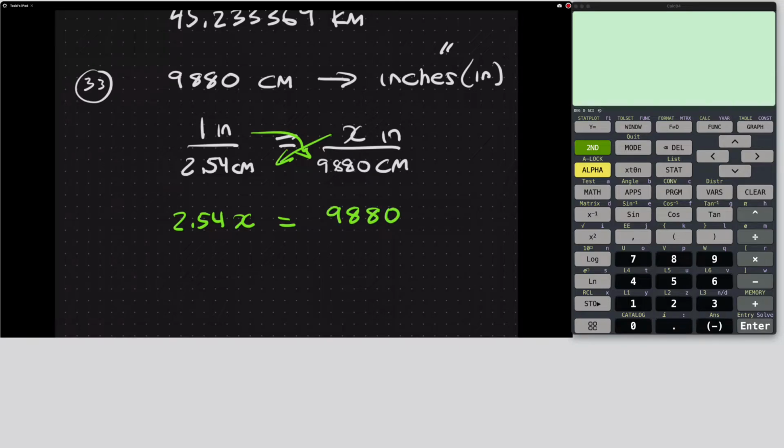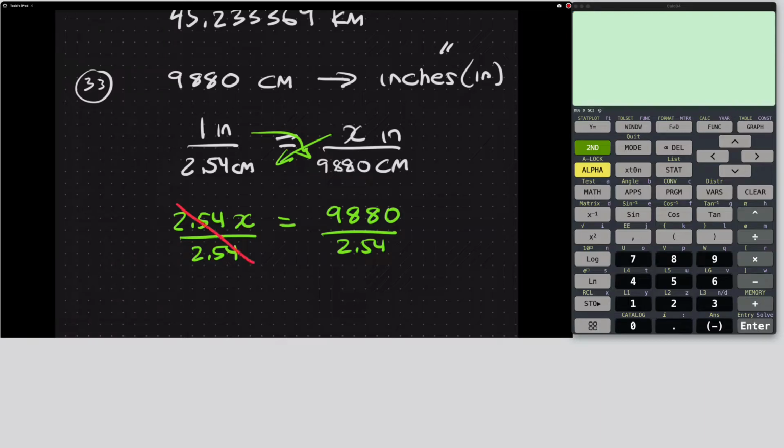Now I need to isolate this X on that side of the equal sign, which means I need to get rid of the 2.54, so we've got to get it over to this side right here. So what we're going to do is just divide this by 2.54, divide by 2.54.